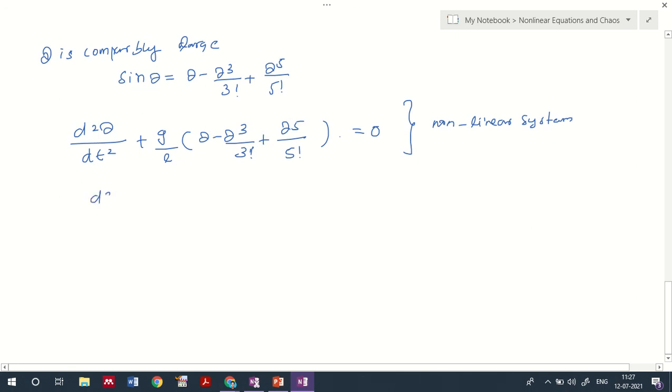For example, d square theta by dt square plus g by l theta is a linear system.